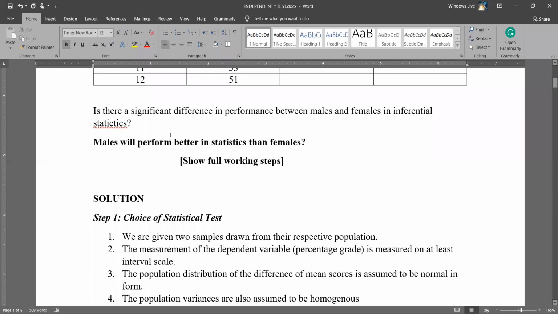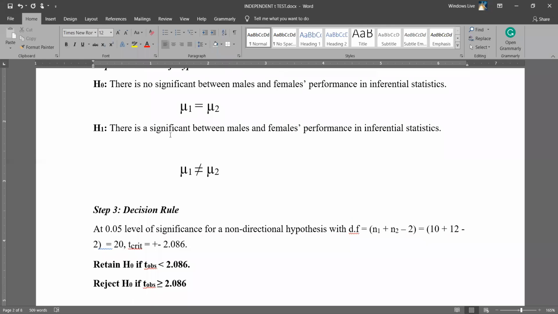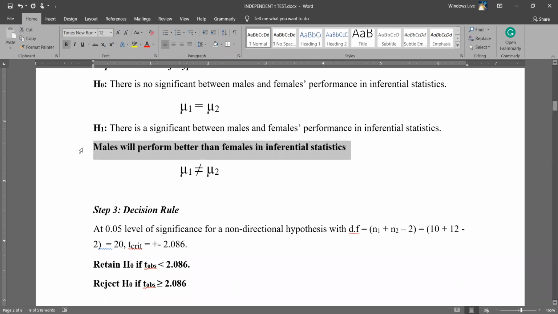So it means our alternative hypothesis will be what? Males will perform better than females in inferential statistics. That would have been our alternative hypothesis.